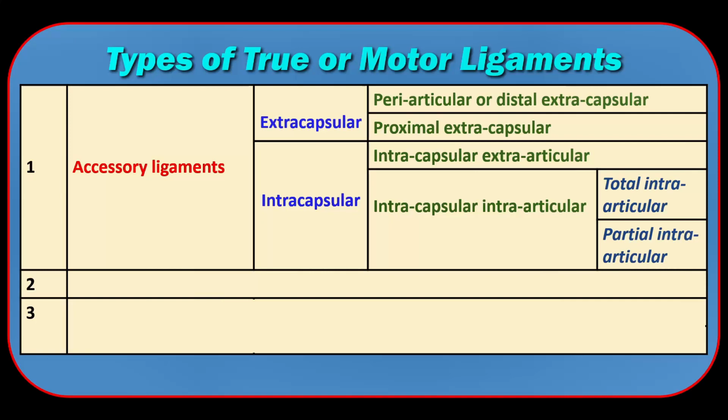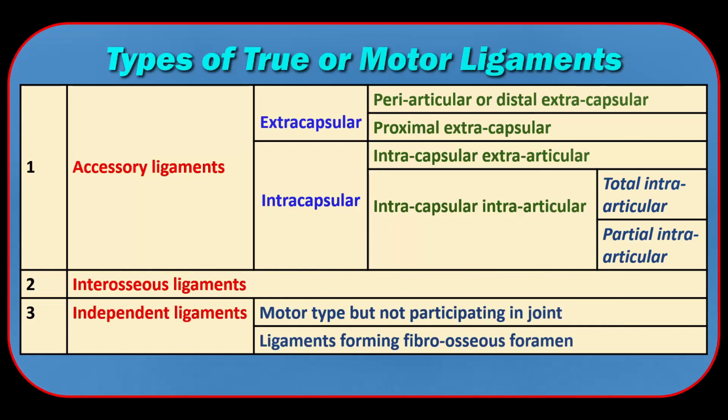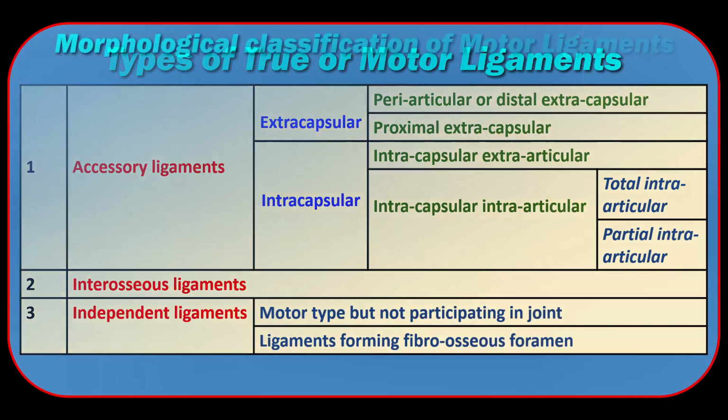The second type of true ligament is interosseous ligaments, which connect the adjacent 2 long bones, seen between radius and ulna, and tibia and fibula. The last type of true or motor ligament is independent ligaments. These ligaments are not around the joints but related to bones.